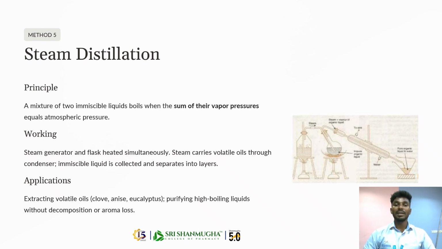Steam carries volatile oil through the condenser. The immiscible liquid is collected and separated into layers. Application: extracting volatile oils such as clove and anise, and purifying high boiling liquids without decomposition and aroma loss. These are the basics of the steam distillation method. This is the instrument for the method.